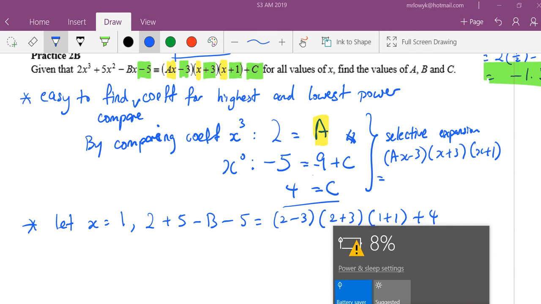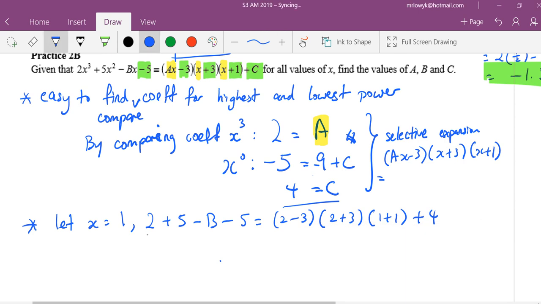B equals 8. Let me try. 2 plus 5 minus 5 is 2 minus B, right? This one is what? Negative 6 plus 4. Everything is negative 6. So B equals 8.